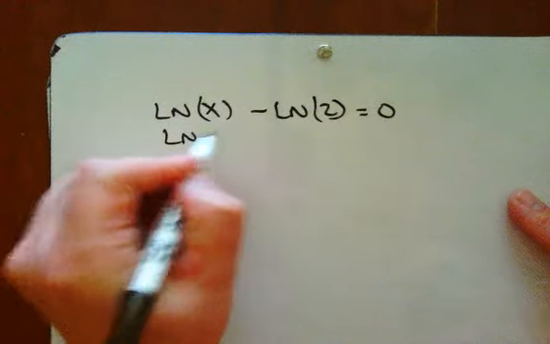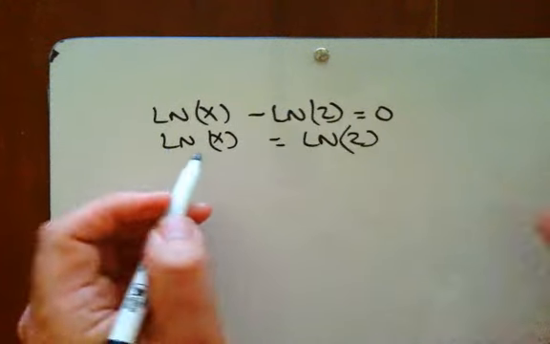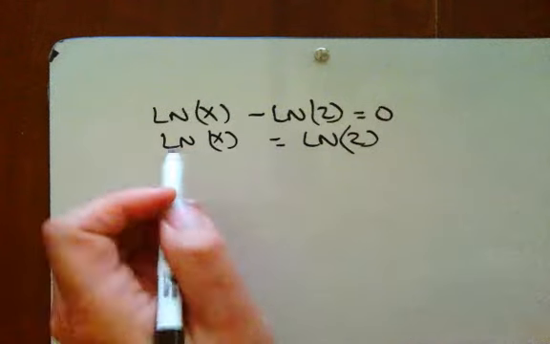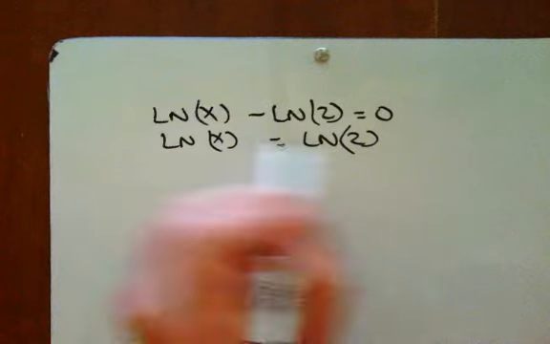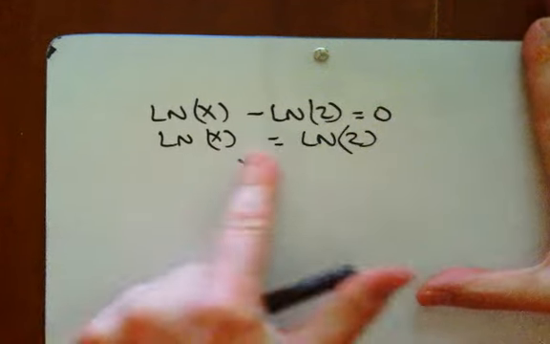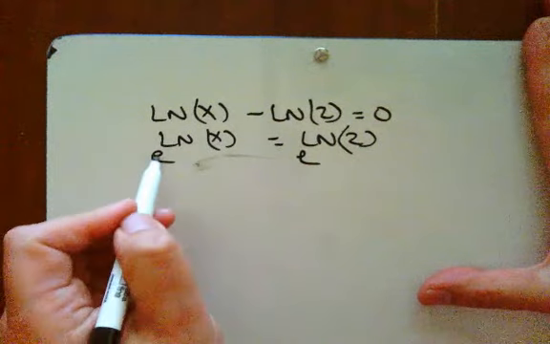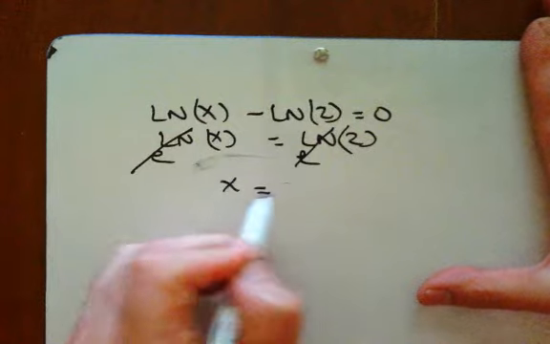If they didn't tell us to solve with condensing and just gave us ln of x minus ln of 2 equals 0, we might add ln of 2 to both sides. And then you could use the one-to-one property, saying that if these things are equal and they are both ln's, then the stuff inside must be equal as well, so x would equal 2.